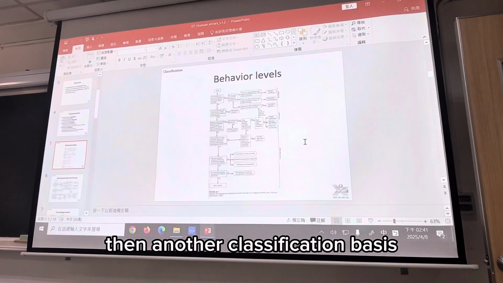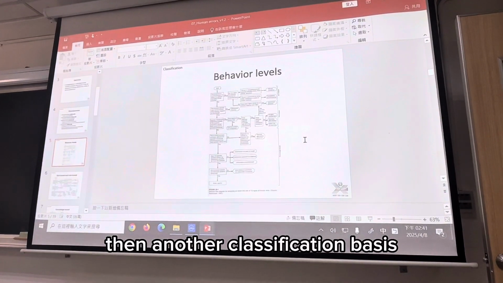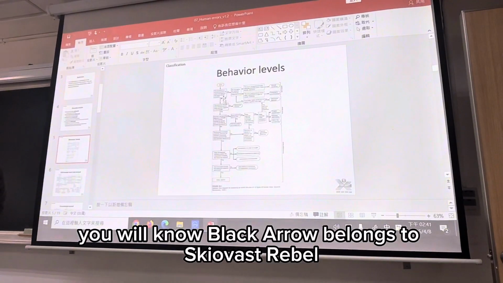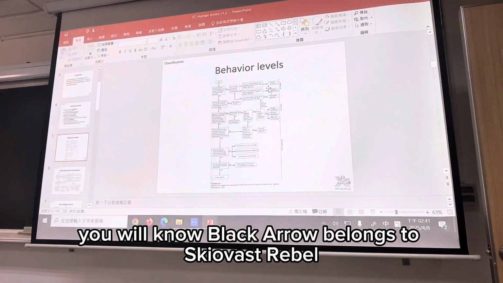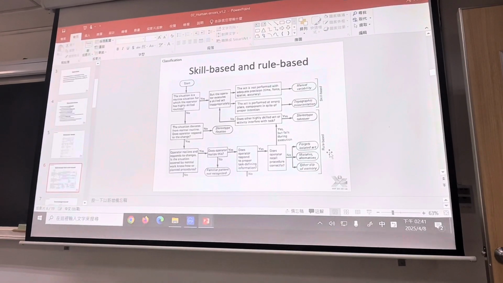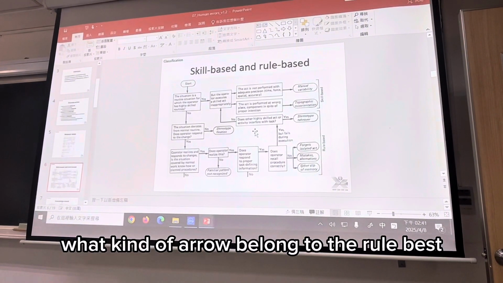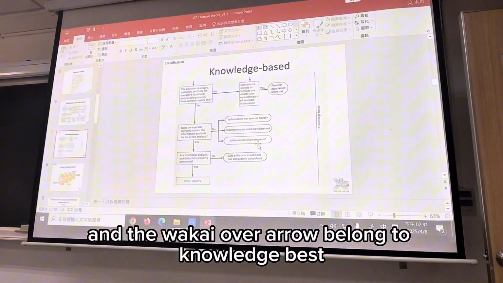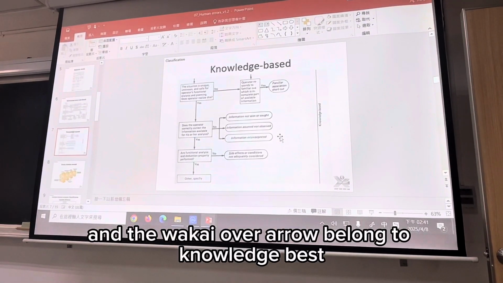Then another classification method, you will know what error belongs to the skill-based level, what kind of error belongs to rule-based, and what kind of error belongs to knowledge-based.